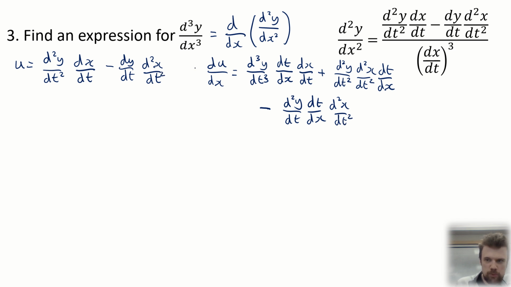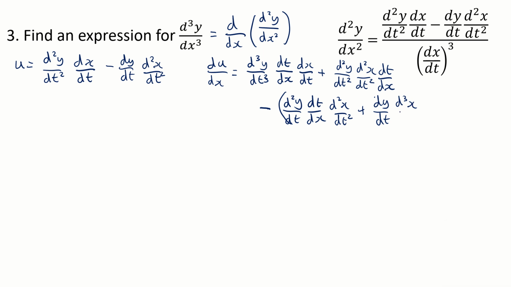Oh, that was meant to be a squared, wasn't it, earlier? And then, okay, technically in brackets with an add. And then we have the dy dt not differentiated times by the d squared x over dt squared differentiated. But I'm going to differentiate the t's and then correct it using implicit differentiation.